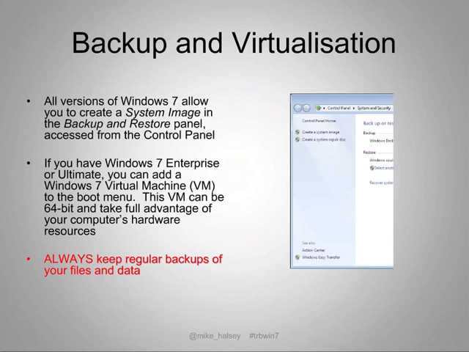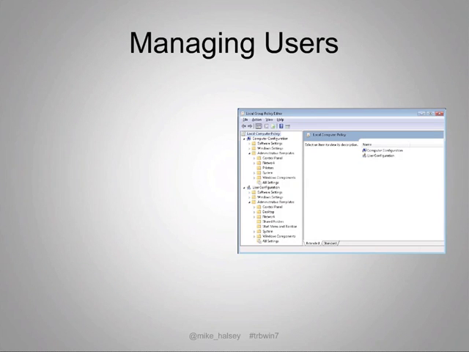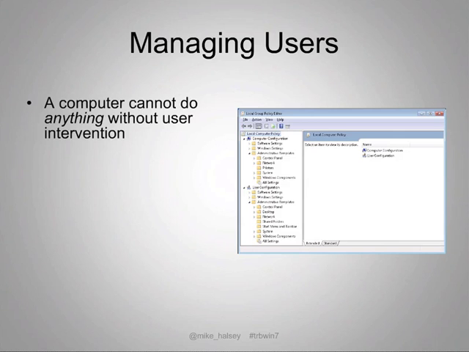So now, one of the biggest problems causing problems with Windows is users, because there is nothing that a computer can do on its own to cause a problem, because a user has to be involved in some way with everything that goes wrong.